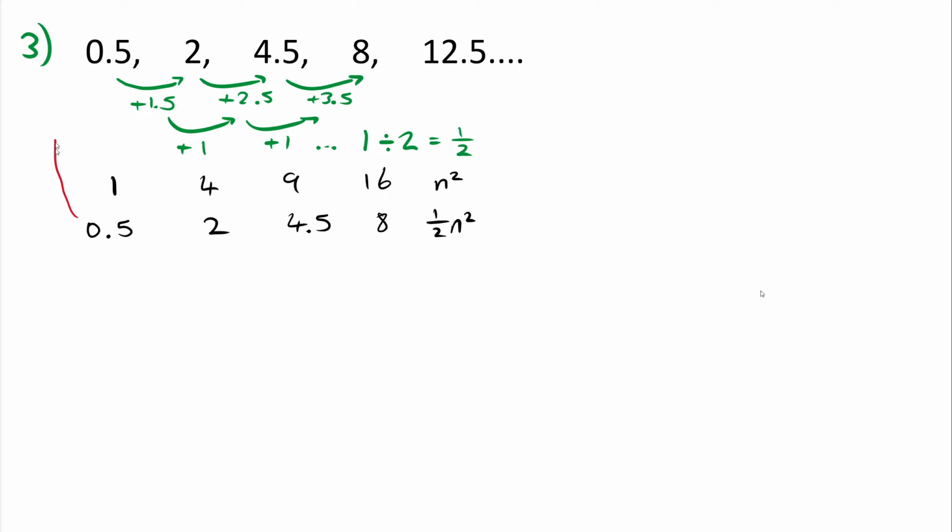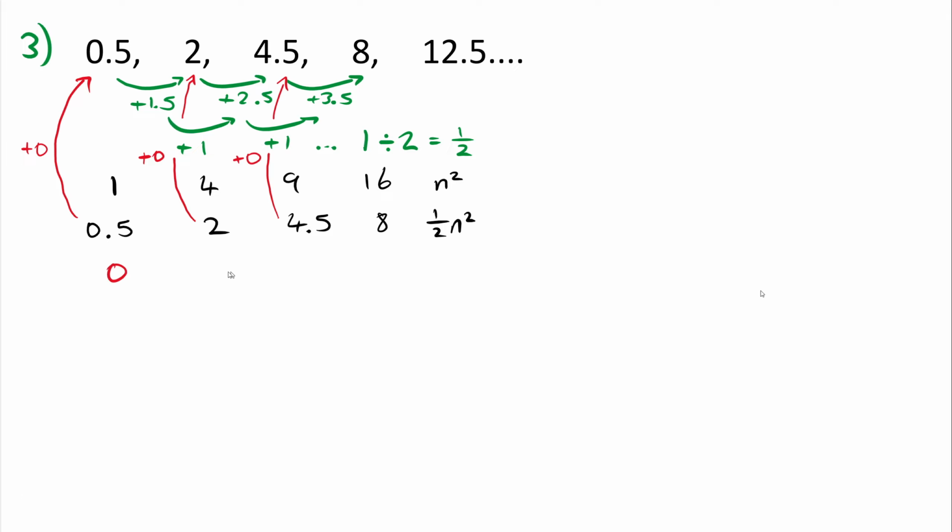Let's find some differences. We're adding nothing at all. From 2 to 2, we're adding nothing at all. From 4.5 to 4.5, look, we're adding nothing at all.